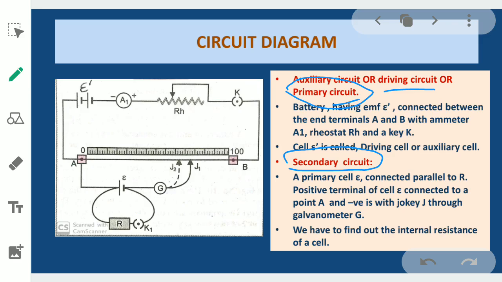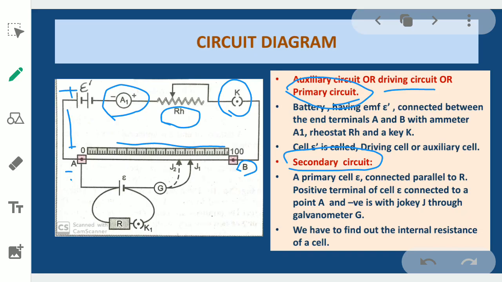In the primary circuit, one key, one rheostat and one ammeter A1 are connected in series with the driving cell E dash. The positive terminal of E dash is connected to point A, and the negative terminal is connected to point B. AB is the potentiometer wire. So this is the primary circuit.